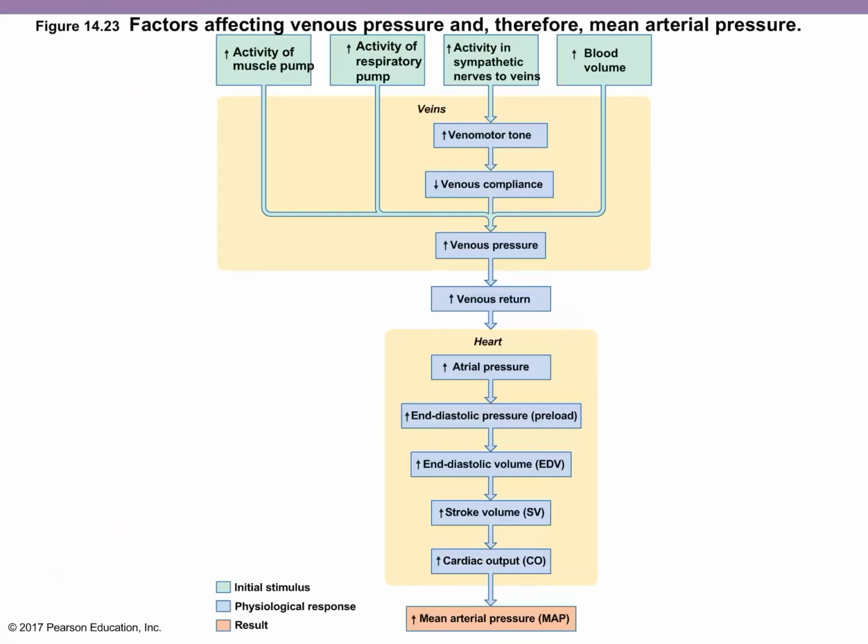So the respiratory pump, which I don't have a picture of, is the same concept with breathing. When you breathe in, it's going to decrease the pressure in your thoracic cavity and increase the pressure in your abdominal cavity. The pressure on the veins in the abdominal cavity will create a gradient and push the blood up into the thoracic cavity, because your ribs are raising and your thoracic cage is opening up, getting bigger, and that's less pressure.